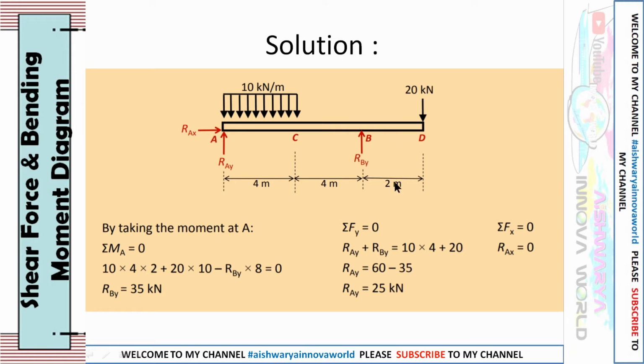Now you do the summation of all the vertical forces. So what are all the vertical forces? RAY plus RBY minus 20, and here also minus 10 into 4.